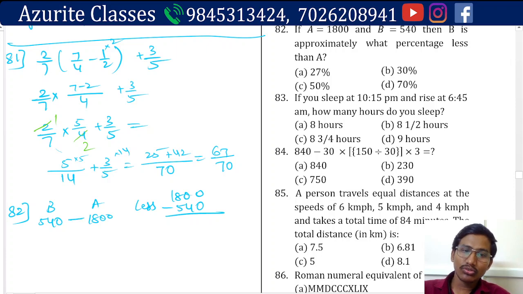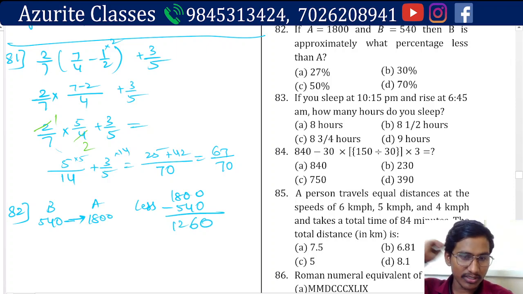Okay. So A is how much more, or B is how much less? If you minus it, how much will it be? So that is 1260. 10 minus 4 is 6, and 7 will be remaining, 12.